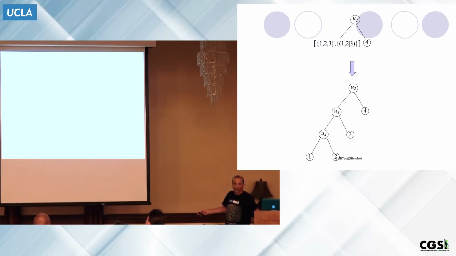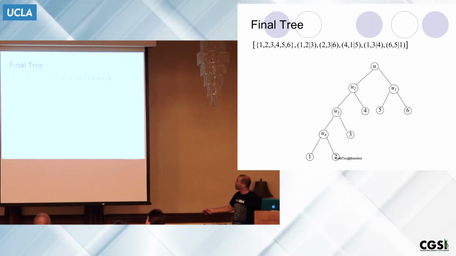Now we glue them, we fold back in the recursion, and we get to the final tree. This is the final tree that resulted. It's very elegant, simple in a way, but really cool. Cool algorithm. Yeah, please.